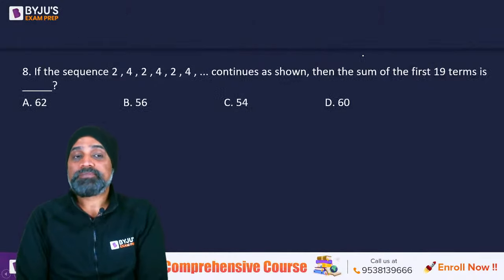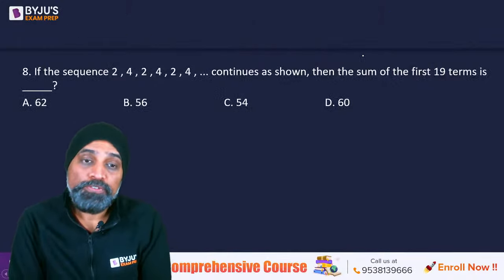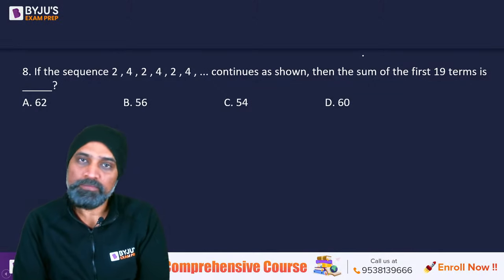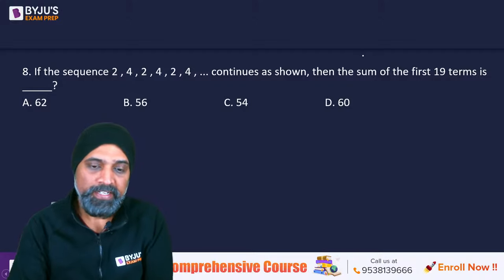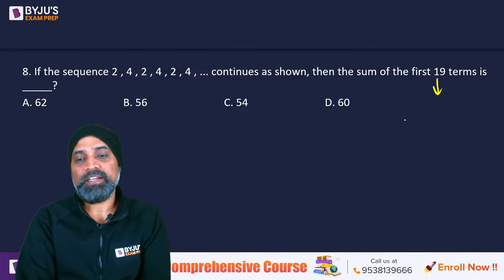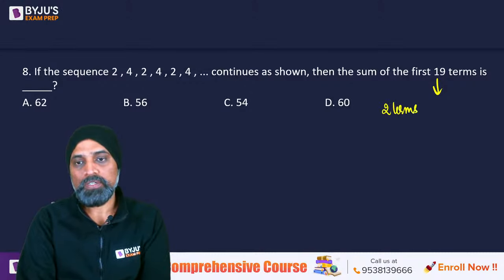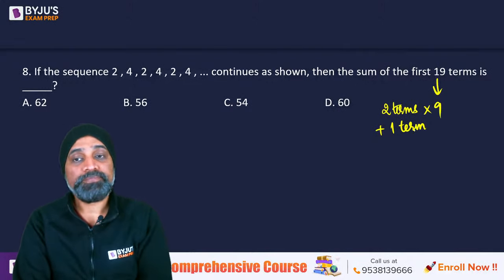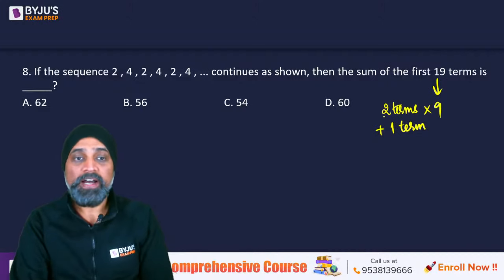Okay, next one. If the sequence 2, 4, 2, 4, 2, 4 continues as shown, then the sum of the first 19 terms will be? So 19 terms can be written as 2 terms 9 times plus 1 term. Why 2 terms?